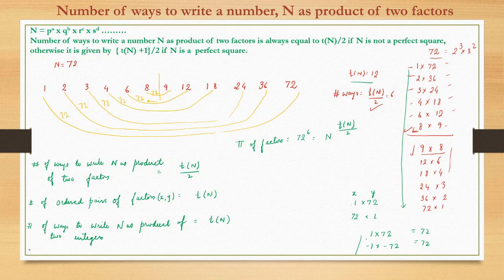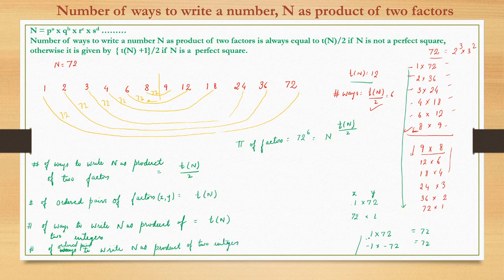And the same question: the number of ways, rather the number of ordered pairs of two integers.